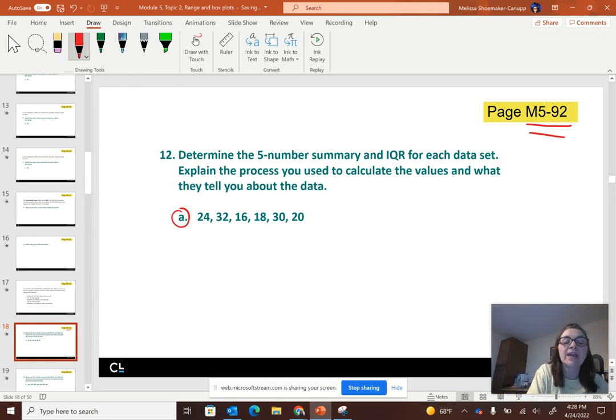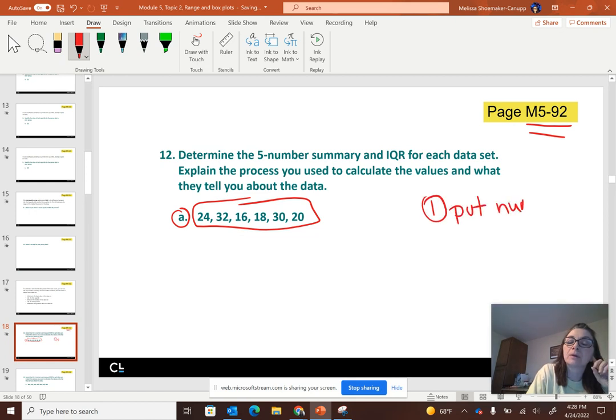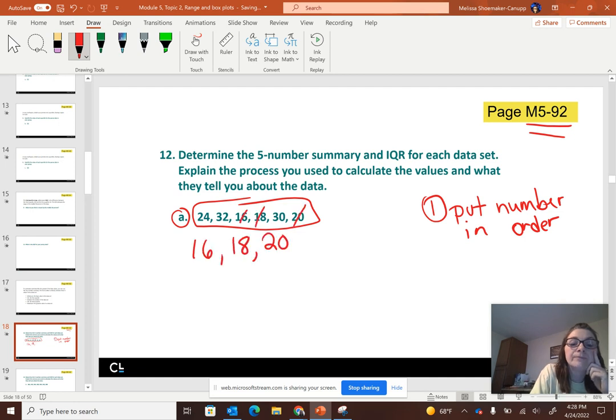So this data set, I'm going to do one more practice with you before you are turned loose on your worksheets. First step, put numbers in order. Okay, so I see 16, 18, 20, 24, 30, and 32.